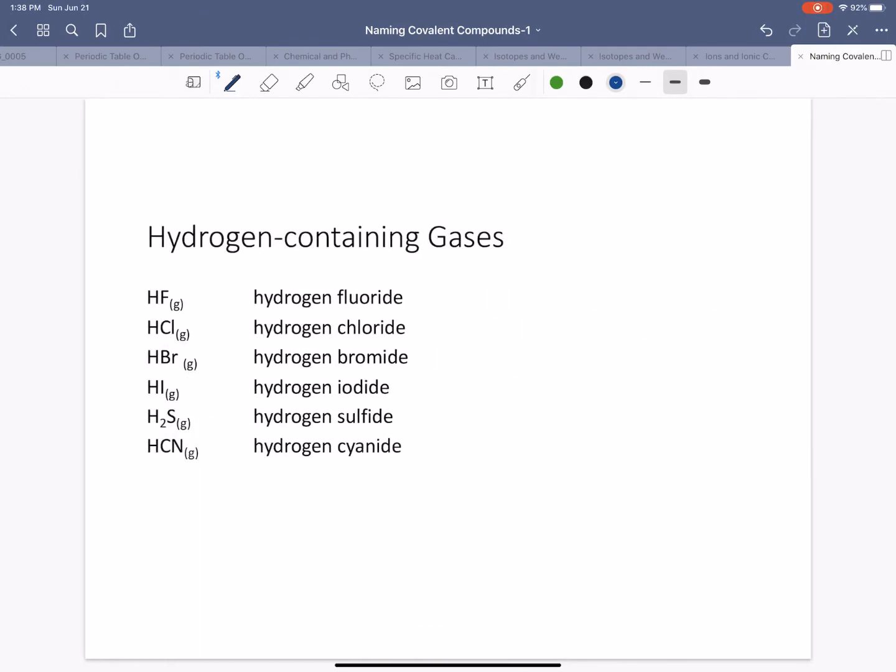Okay, this next list of 6 are 6 compounds that are covalent that can be pure. So here we have hydrogen fluoride as a pure gas, or could be bubbled through water to make an acid. So this list of 6 has 2 names, depending on whether it is pure, a gas, or has been bubbled through water and now it makes an aqueous mixture.